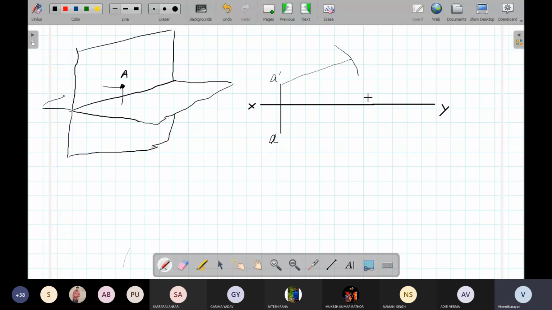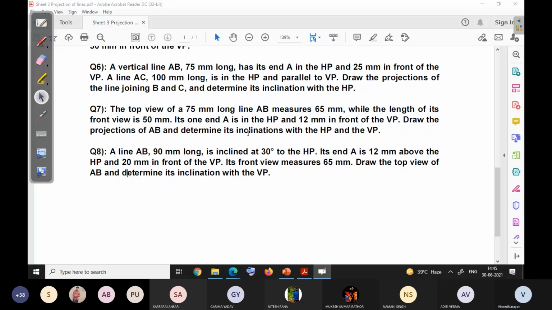Currently, we do not know where this point B lies. Okay. And the line AB actual length or true length is 90 mm, and it is inclined 30 degrees to the horizontal plane. So this line we can draw.